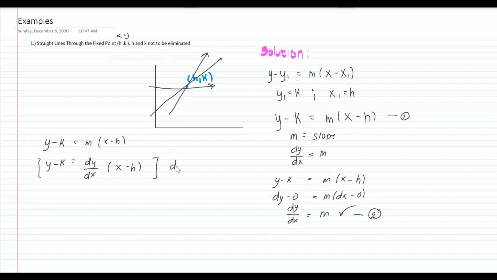Therefore, we have y minus k dx is equals to x minus h dy. We transpose this to the left side. We get y minus k dx minus x minus h dy is equals to 0. That would be the final answer for this one.